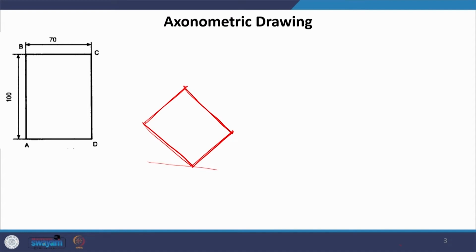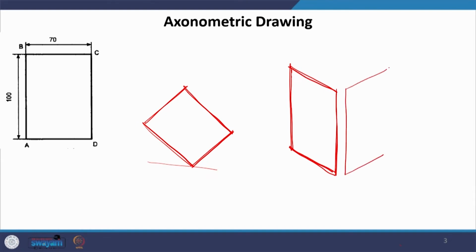Now, if we have it perpendicular to HP and VP both, again we would make the vertical, 45, vertical and 45, and the dimension will remain the same. If it is perpendicular to HP but parallel to VP, we have the same thing here but on the other side. So, it is 45, perpendicular, 45, perpendicular.